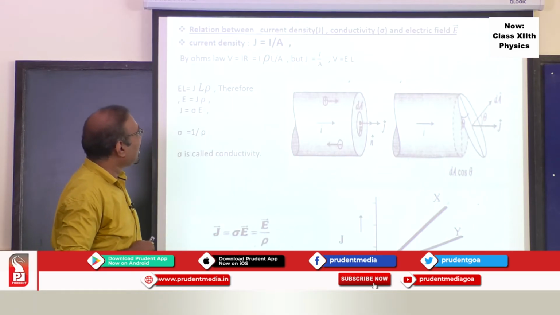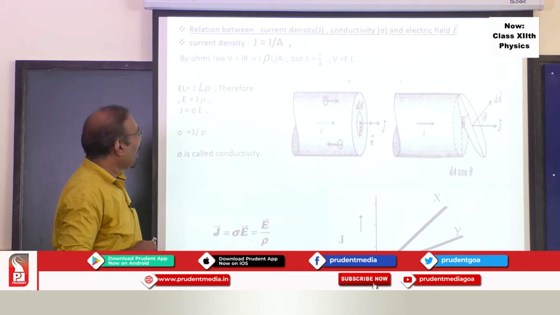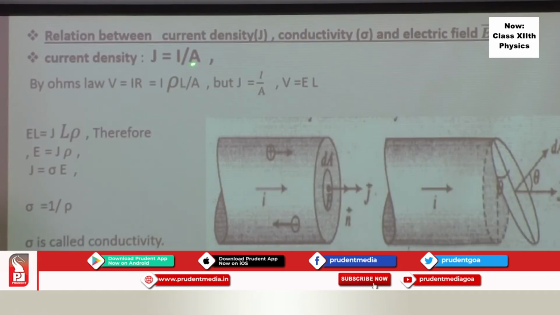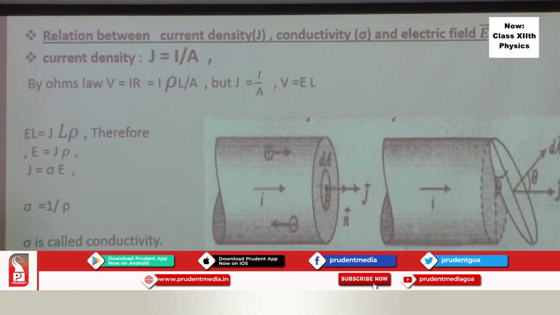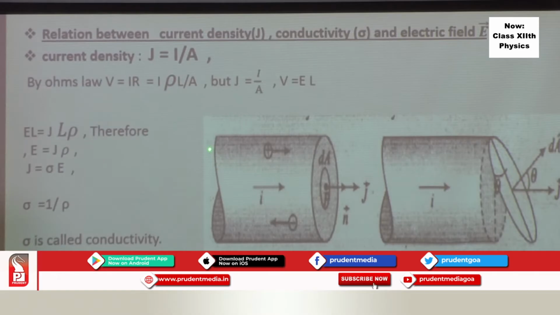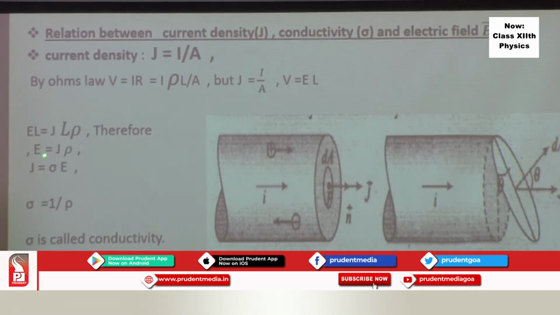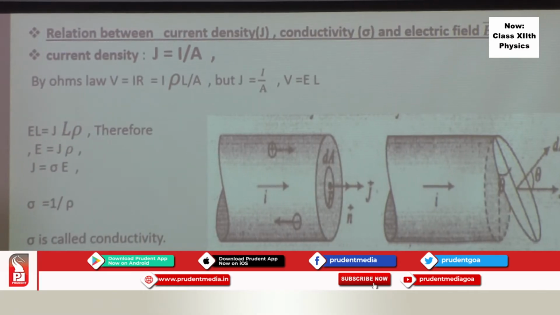Now current density J is I upon A. If I put V is equal to IR, where I is the current and R is rho L by A, rho is the resistivity which we already studied before. V is equal to EL, the potential difference between the ends of the conductor is the electric field times the length of the conductor, that is E into L. If you substitute this, you will get electric field E is J into rho.